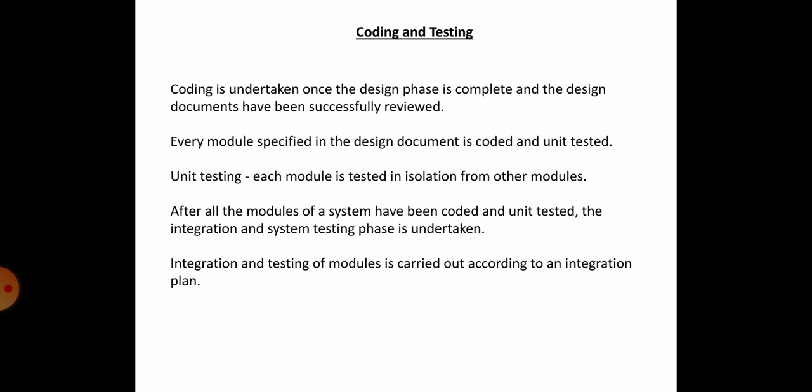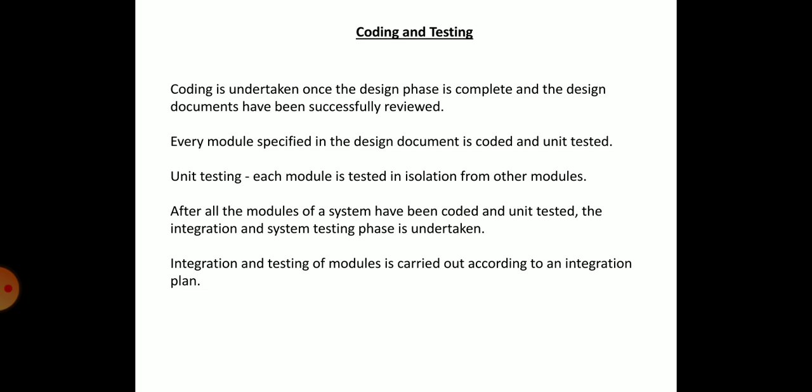All the functionalities of a software will be specified as independent modules in the module specification document, and it also contains a structure chart, that is a detailed design of how the data flows from high level modules to low level modules, or all these interactions between the modules are specified in detail in that detailed design document. So from the detailed design document or the module specification document, all these data structures and algorithms are implemented into a high level language, and this is done in the coding phase.